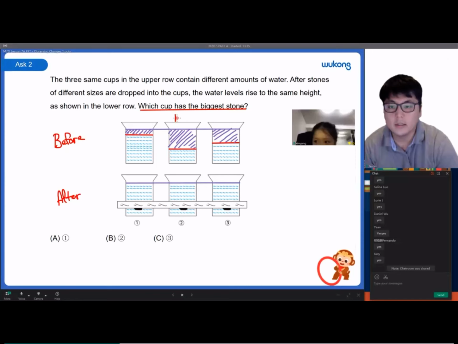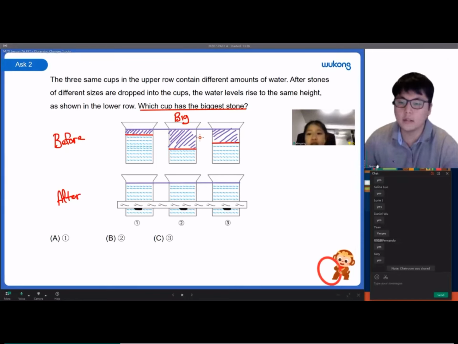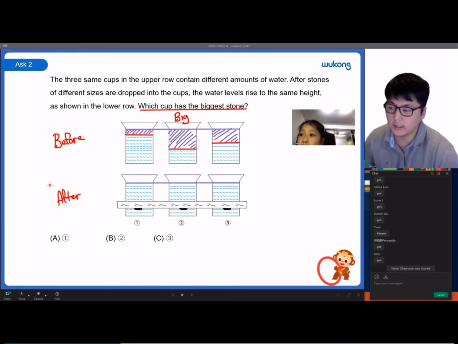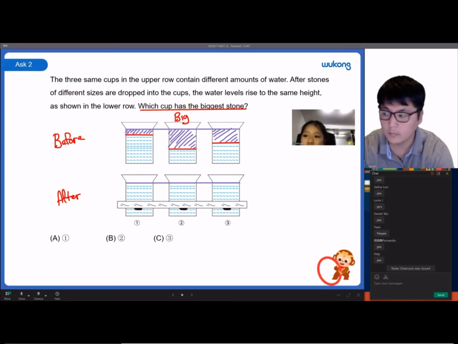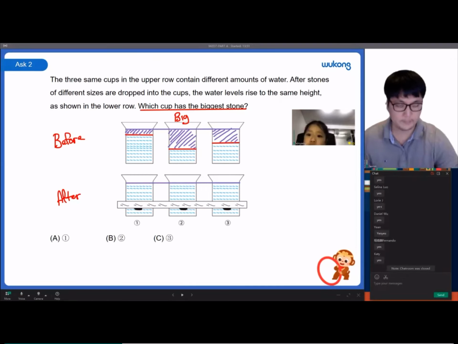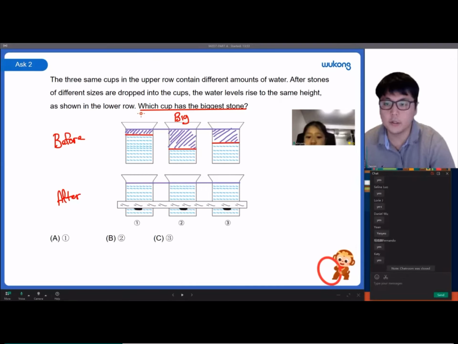Yes, so bottle 2 has the biggest stone. Which bottle has the smallest stone, Xinyang? 1. Very good. Yes, what about medium? 3. Very good. So you can see the small stone was inside cup 1 and the medium was inside cup 3. So the big stone is number 2.